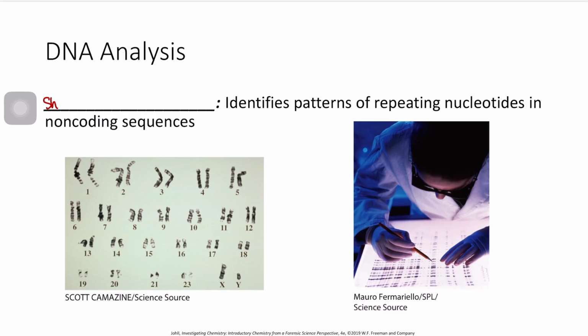So we have short tandem repeat analysis. It analyzes patterns of repeating nucleotides in non-coding sequences. So when you hear about people using DNA to identify suspects or identify remains, this is generally what they use.